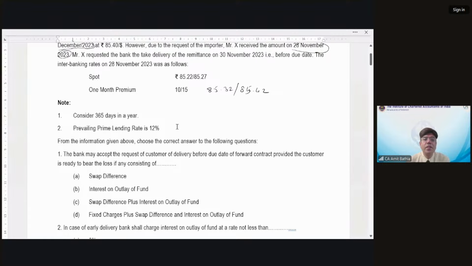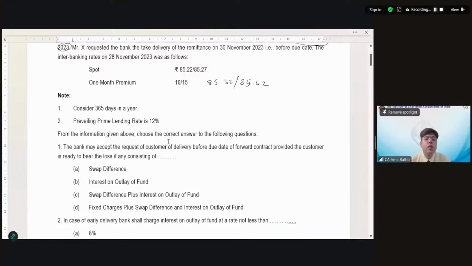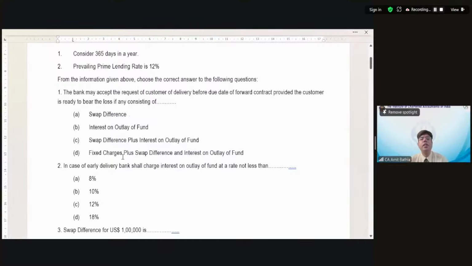So the correct answer is D, which is fixed charges plus swap difference and interest on outlay of fund. Fixed charges because the bank is essentially going to have to do this entire transaction afresh.